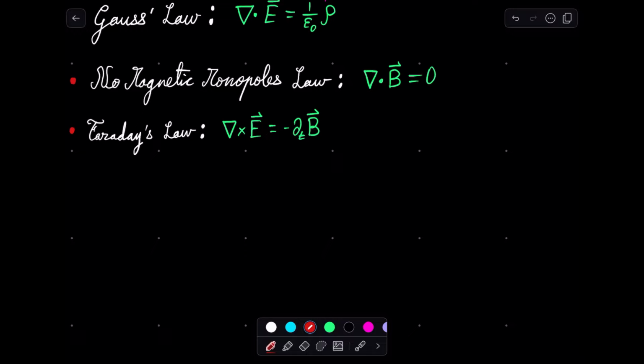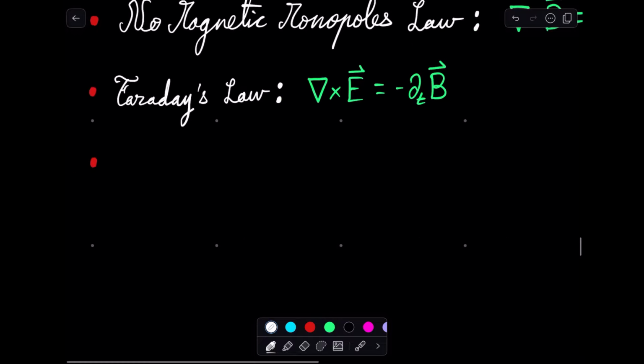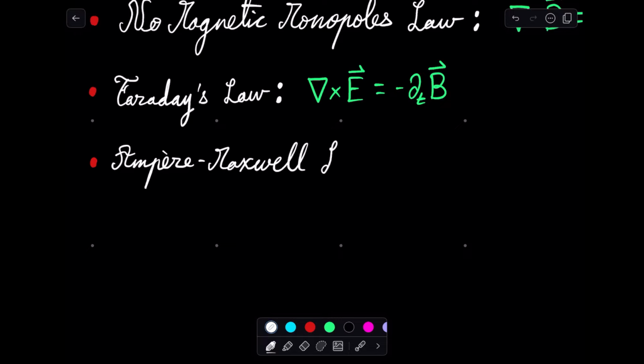That is Faraday's law. And the last law is called the Ampere-Maxwell law. It was originally discovered by Ampere, who was a French physicist, or might be French speaking, but in a French speaking country.